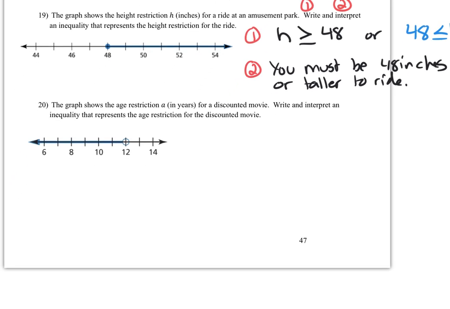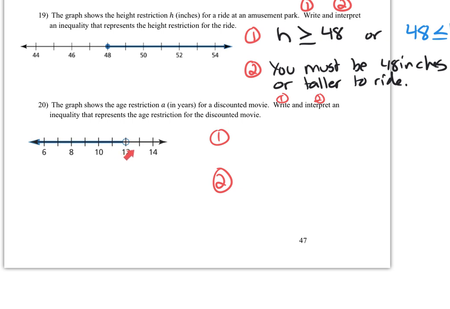Okay? Number 20. The graph shows the age restriction A in years for a discounted movie. Write and interpret an inequality that represents the age restriction for the discounted movie. Okay. So again, we have write and interpret. So we're going to have two parts. All right. Looking at our graph, what number is our circle on? 12.